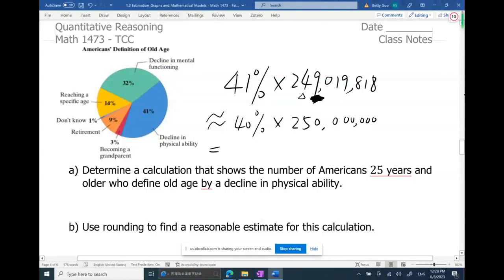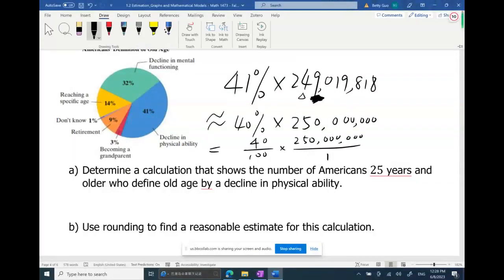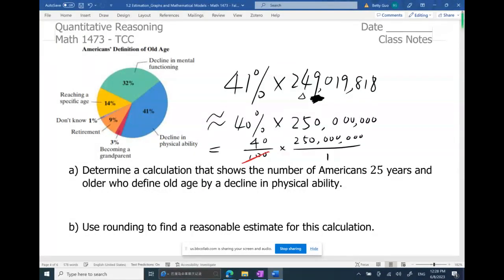40% is 0.4, or we can write 40 over 100, right? And then we multiply 250 million over 1. Yeah, there are different ways to process this operation. I'm going to cancel this 100 with those 2 zeros.